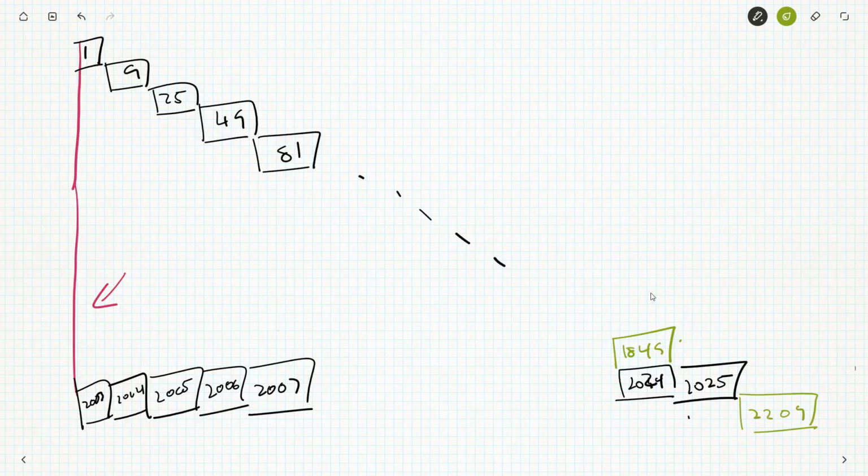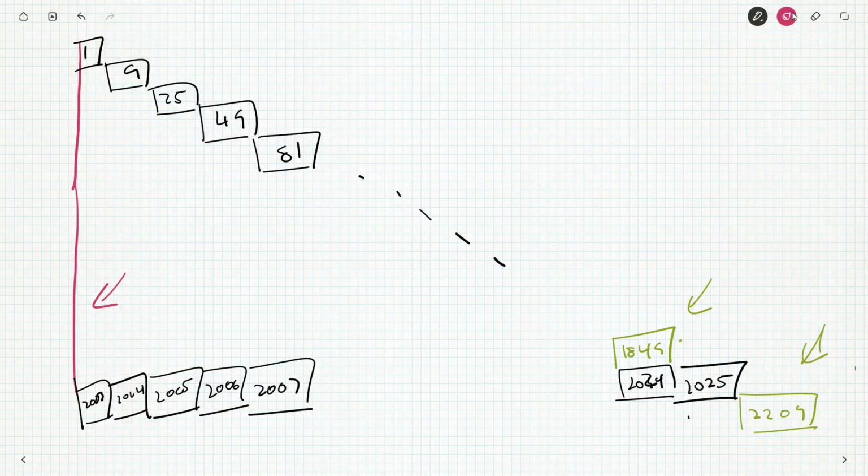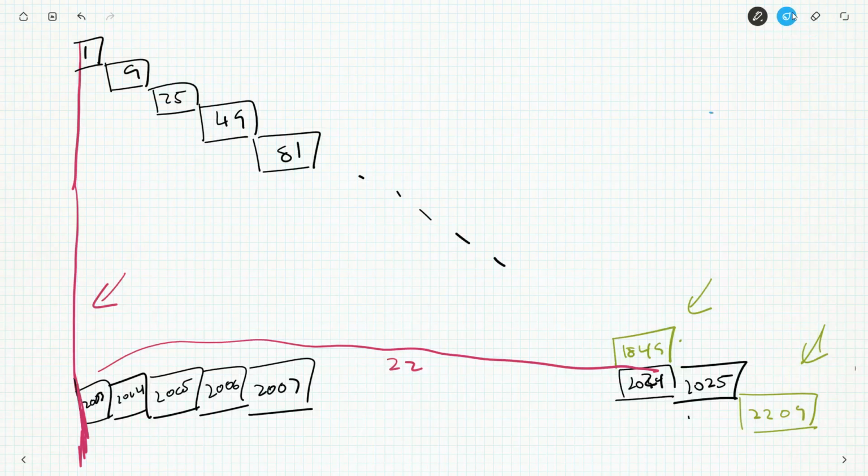How are these going to help us? Well, we know the endpoints here, these anchoring squares, where they are. And we also know how far back we need to go to get to this red line. On the previous line it was 22. On the line above, we'll need to go back 21 spaces.